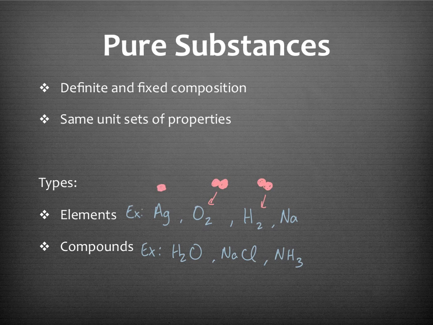So while you have two circles representing an element, there's two of the same kind, so therefore it's an element. Whereas here, compounds are comprised of a mixture of elements. So you need to see different types of circles to show that it's a compound. Example, H2O could be like this.